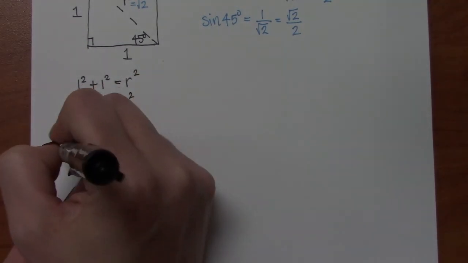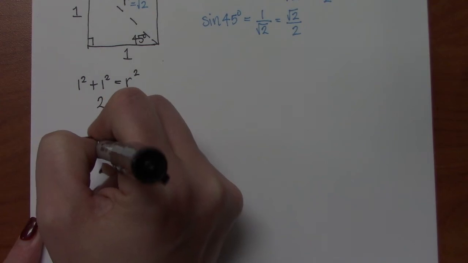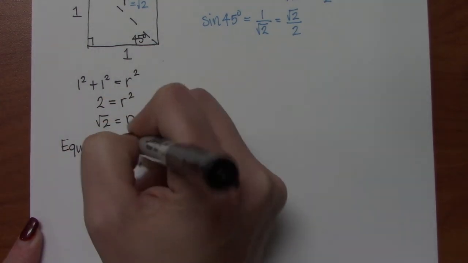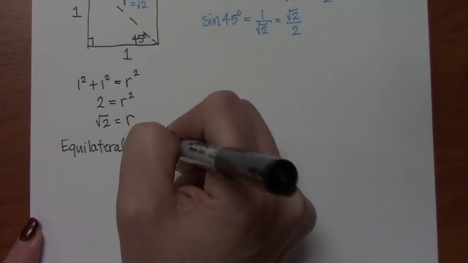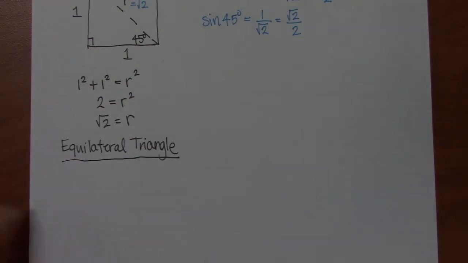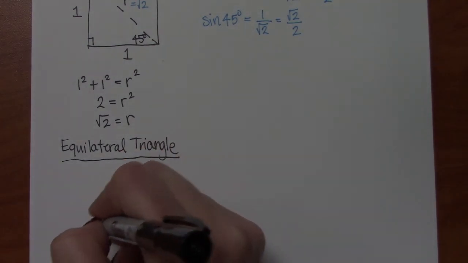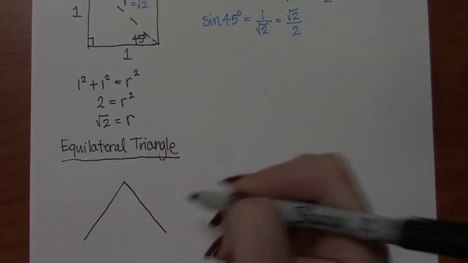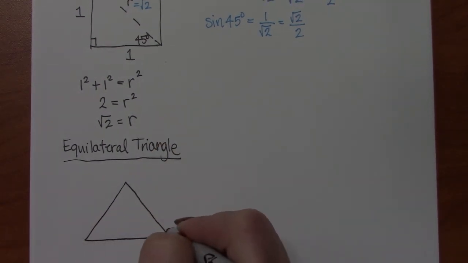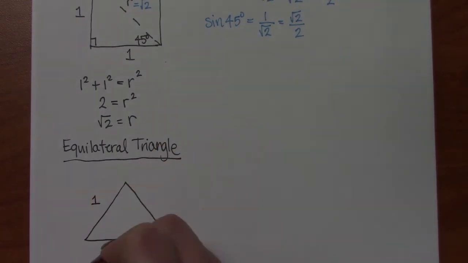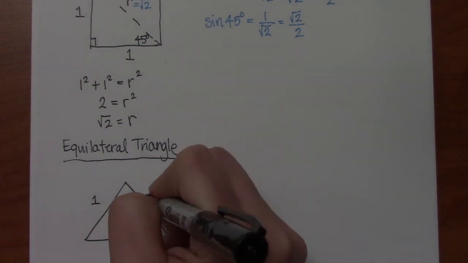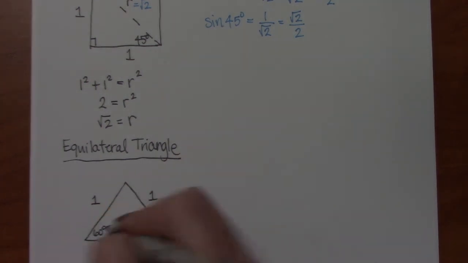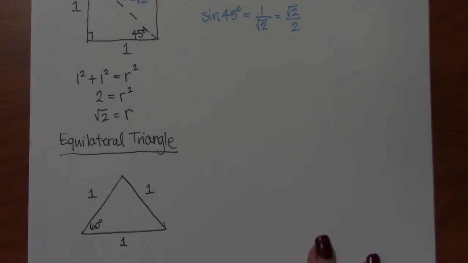So the most obvious choice is to use an equilateral triangle, because all the angles in a triangle have to add up to 180, and if all the sides are equal, then all the angles are equal, and 180 divided by 3 is 60. So we're going to get something that looks like this. Each one of these sides is 1, and every angle inside is 60 degrees.